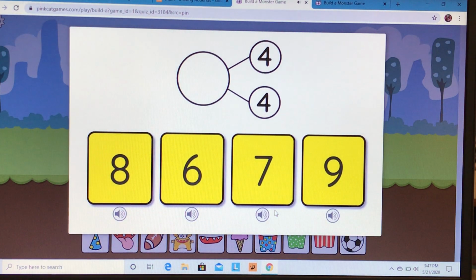Here we have 4 and 4. If we add it together, what number will it give us? 8, 6, 7, or 9? The correct answer would be 8.